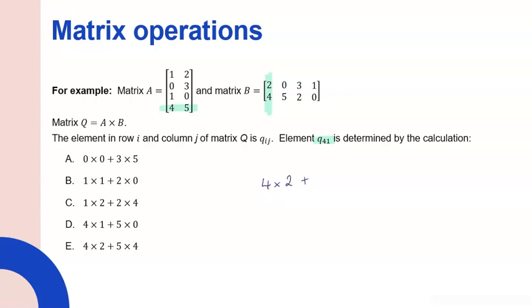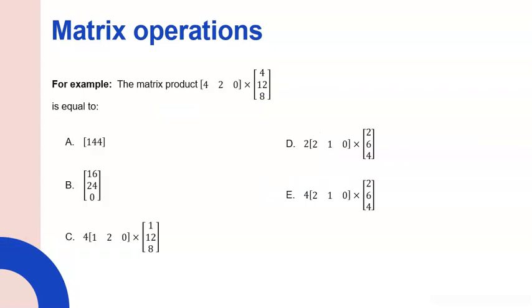We move across 5, and at the same time move down times 4. So that's our calculation to get the element that is in that row 4 column 1 value. And when we look at our options here, we can see that matches E as our answer.